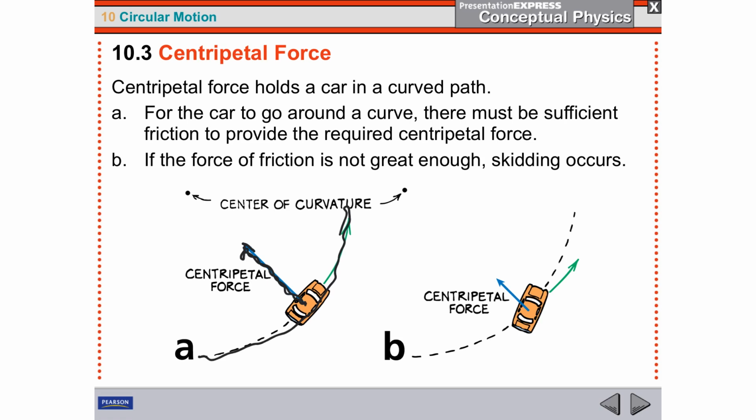If you were to have ice on a curve, you'll go over the curve and go out onto the outside of the circle. That is because there's no friction there, and the friction is what's causing the force and bringing it in. You want to go towards the outside because that car wants to go in a continuous straight line.